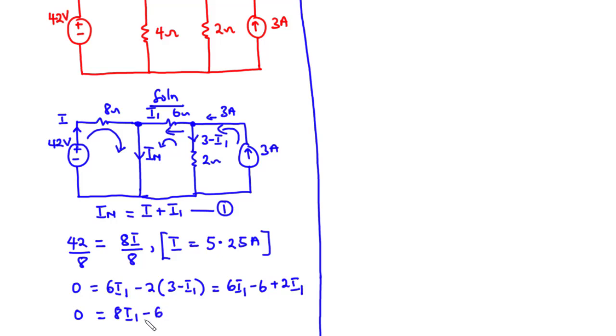Now we can transpose negative 6 to the left hand side so that we have 6 equals 8I1. Now we divide through by 8 and then we have I1 equals 0.75 amperes. So this is the value of I1.